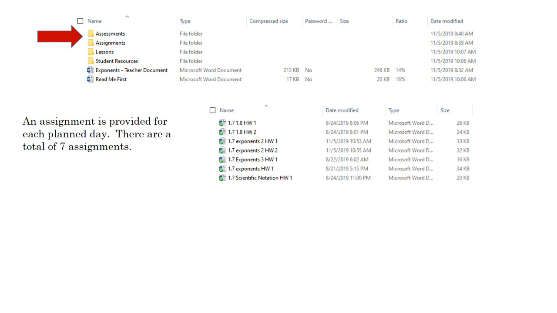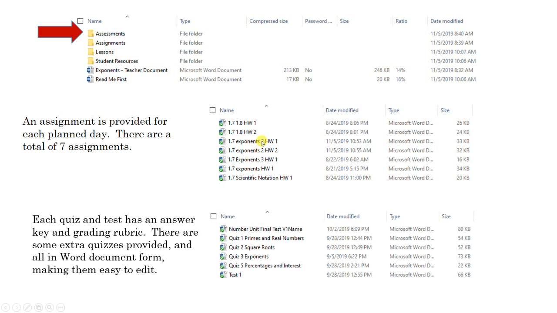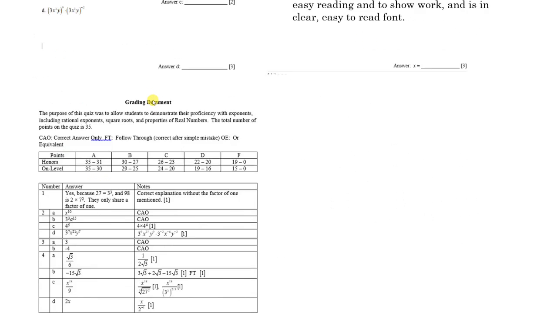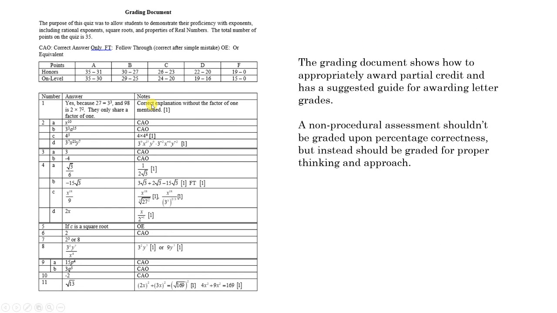The assignments has what you expect. All of the assignments, there's an assignment for every day, and the assessments. Now, there's some extra assessments in here because this topic is just a piece of a larger picture, but each of these assessments has plenty of white space for students to read easily, to show work, to jot down ideas, and each of the assessments comes with a grade rubric, because the idea with this is if we're going to be demanding our students to think conceptually and solve problems, we can't just grade them on a correct or incorrect basis.